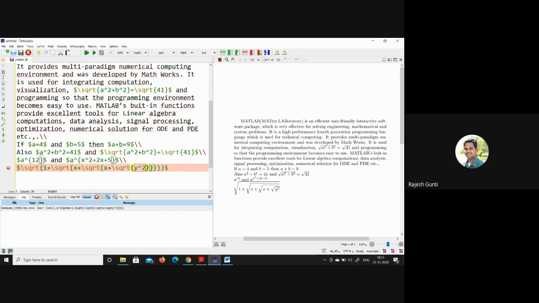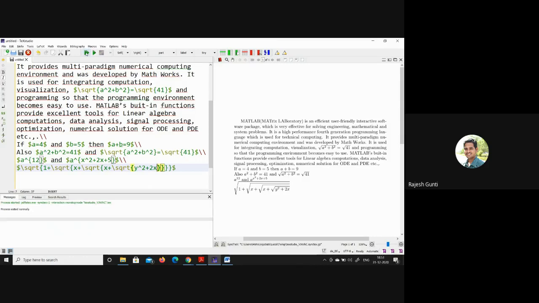How many open braces are there? 1, 2, 3, 4. 1, 2, 3, 4, 5. One open brace is extra. Y square plus 1. So everything will be aligned beautifully and give a nice output. These are some of the advantages of LaTeX.